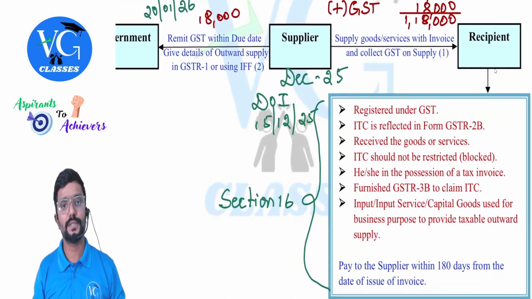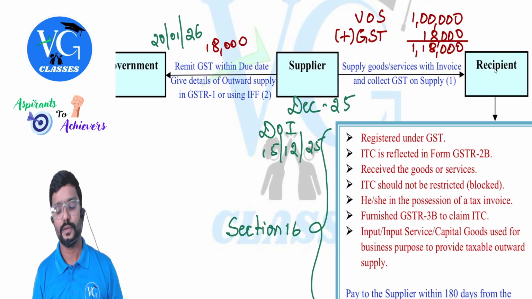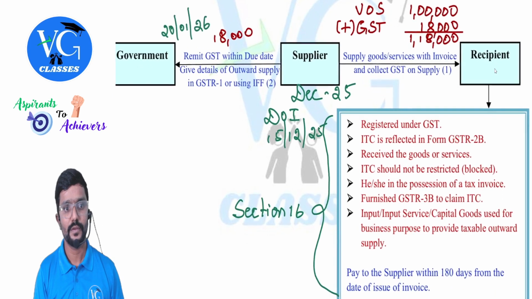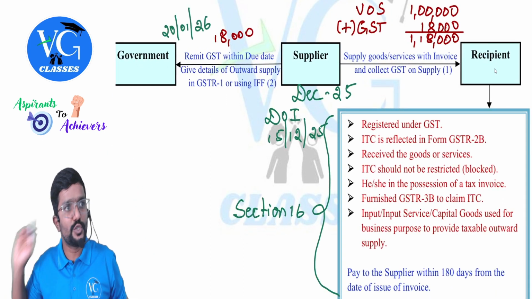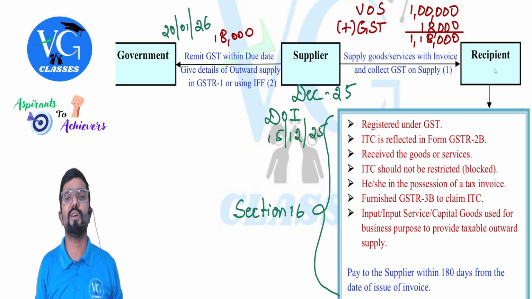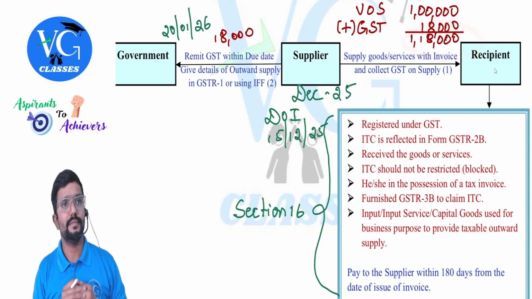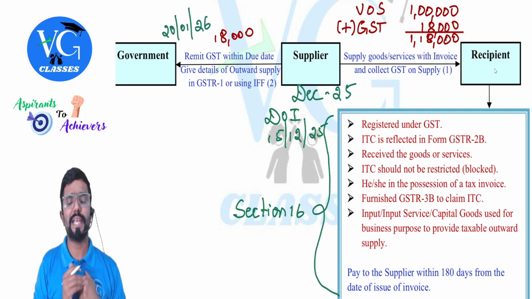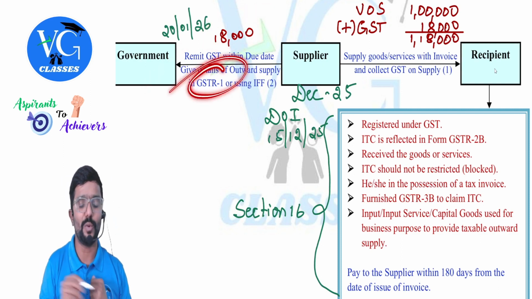Listen. Let me take this example itself. The supplier supplied the goods or services to the recipient and he charged 1 lakh plus GST of 18%, 18,000. 1 lakh 18. Assuming he collected the full 1 lakh 18,000, deposited 18,000 with the government, filed GSTR 1.